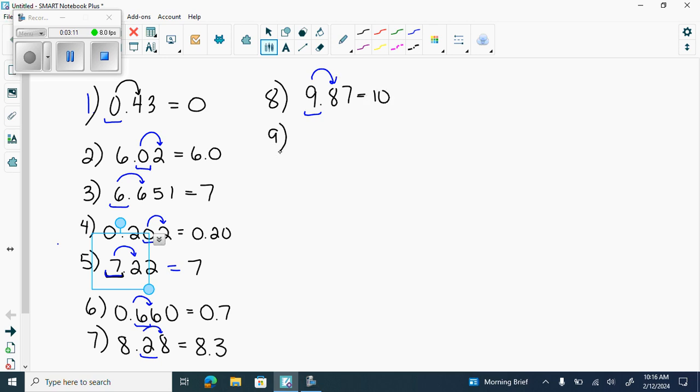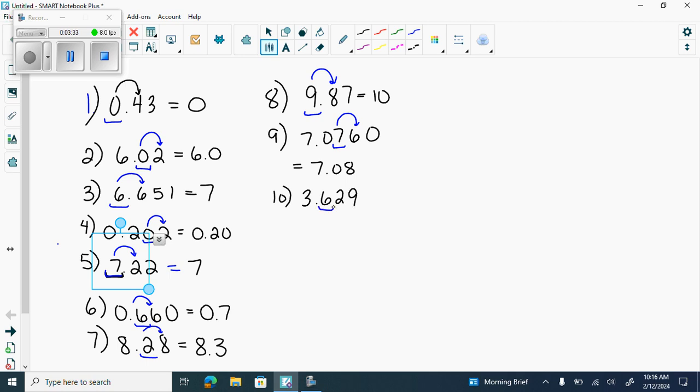9, 7.0760. It wants hundredth. Hundredth has 2 zeros, so it's 2 decimal places. Is 6 5 or higher? Yes, so the 7 becomes an 8, and the rest goes away. 10, 3.629. And it wants it to the tenth.